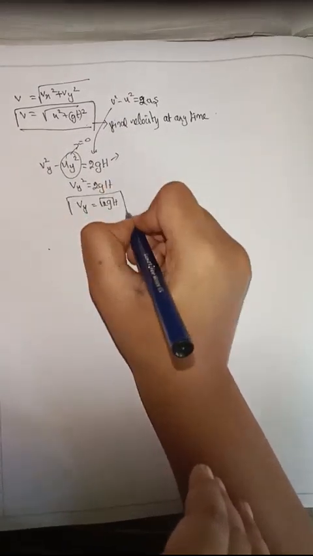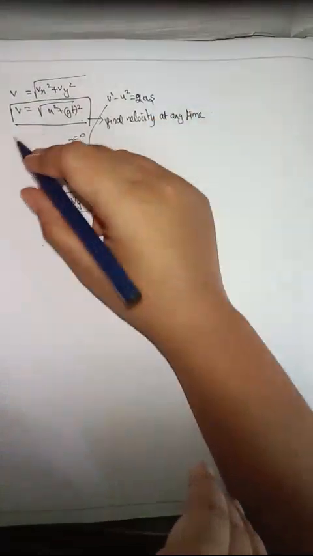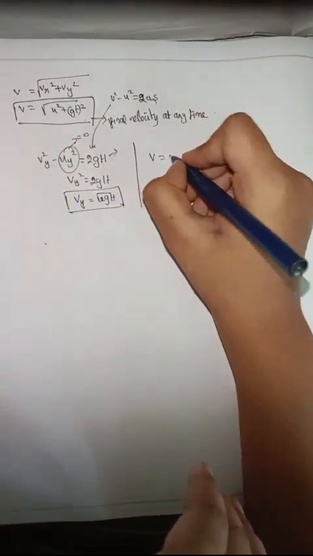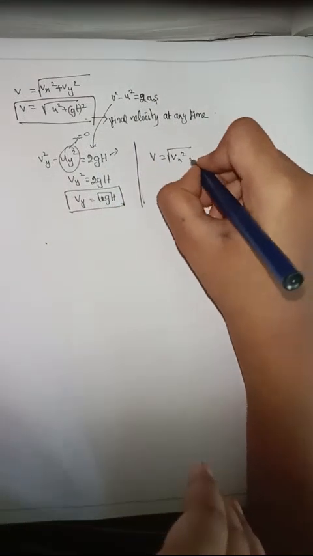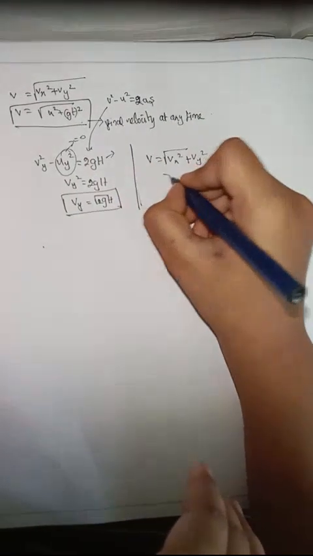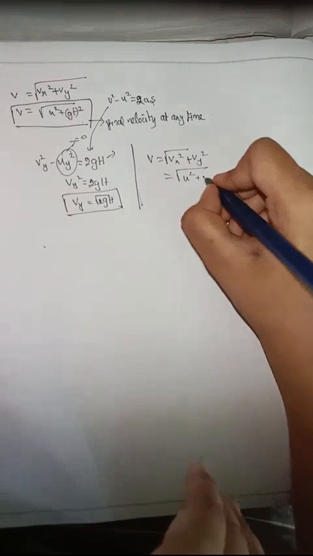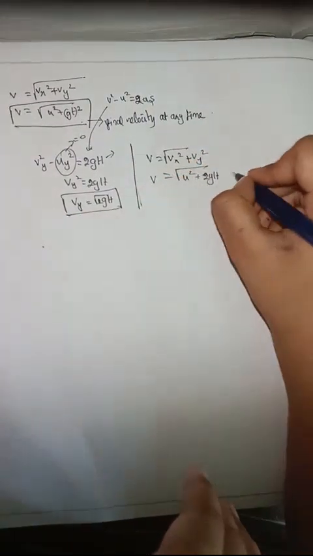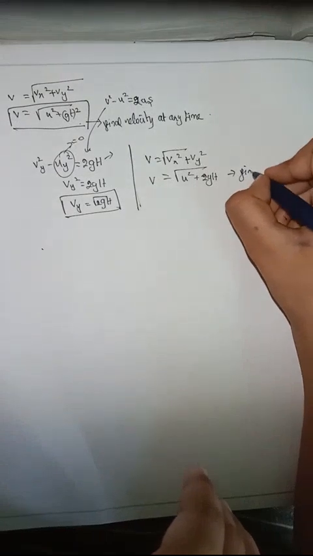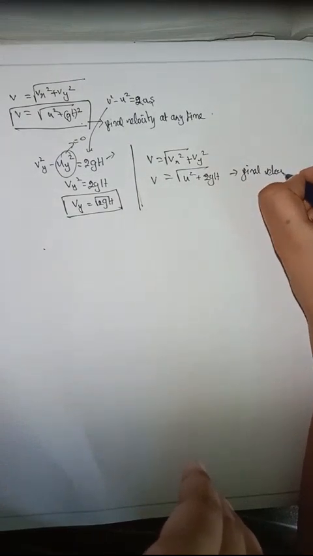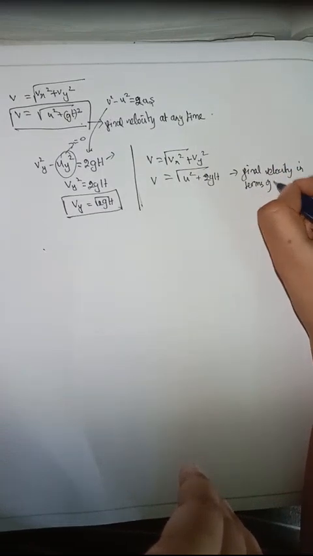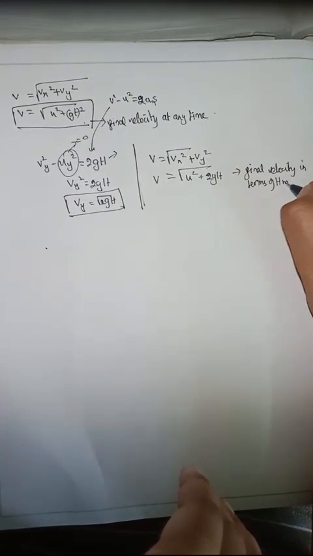This is the Vy term. In terms of h max, the final velocity equal to square root of Vx square plus Vy square, where Vx square is u square and Vy square is 2gh. This is the velocity in terms of maximum height.